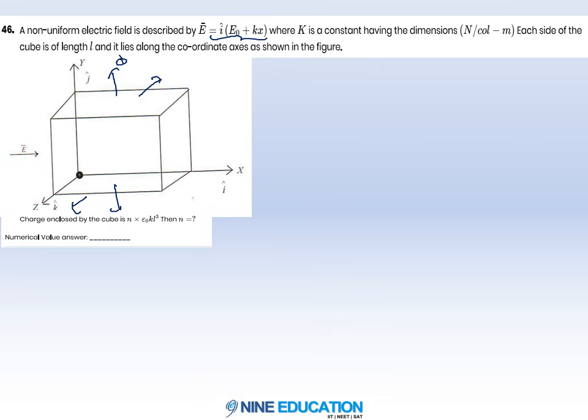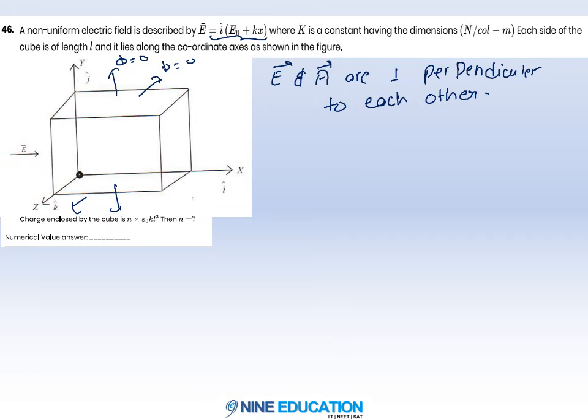Phi due to these is 0. Why? Because for these four surfaces, electric field and area vector are perpendicular to each other.